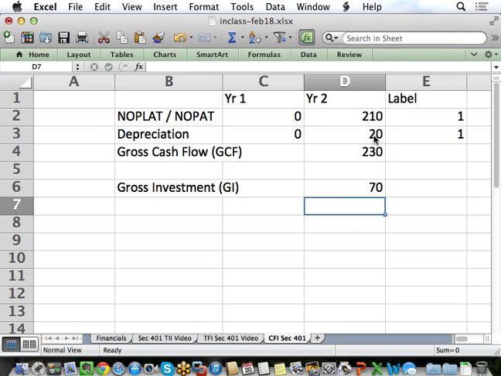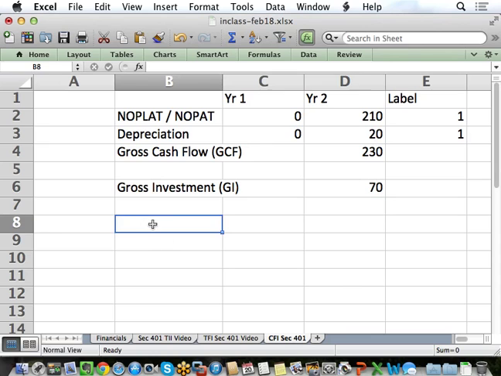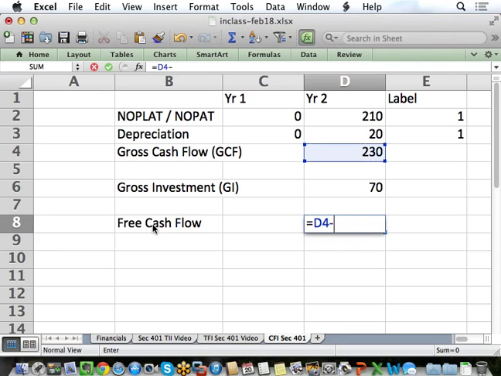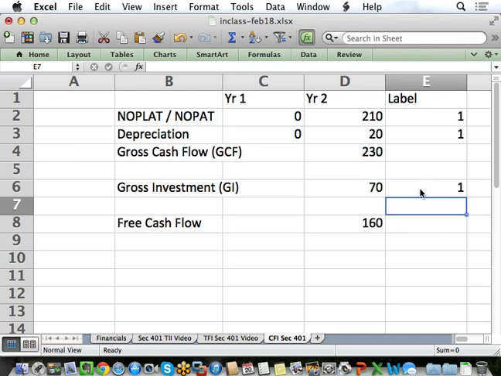Now, you might say, well, gee, how did I come up with that shortcut? I'm going to show you the granular detail that gets you to the shortcut. But for purposes of your next homework, if you were to use this shortcut, that would be a correct answer for gross investment, right? Because that is 70. And then free cash flow equals gross cash flow minus gross investment. That is the operating free cash flow of the business.